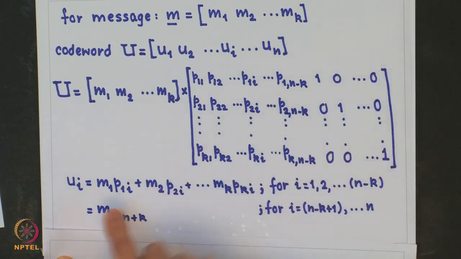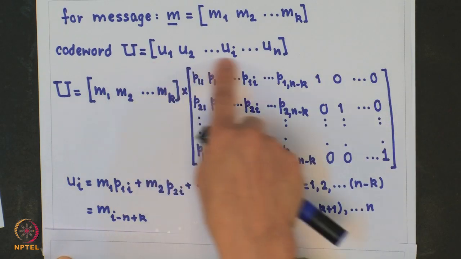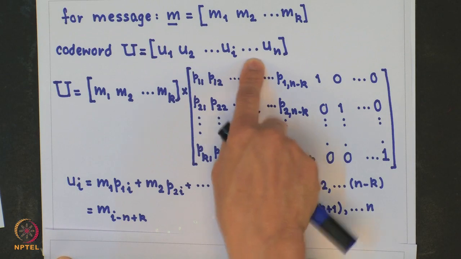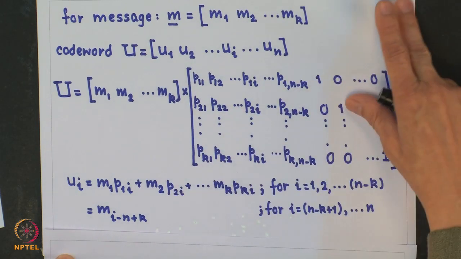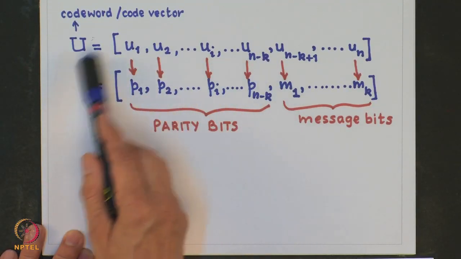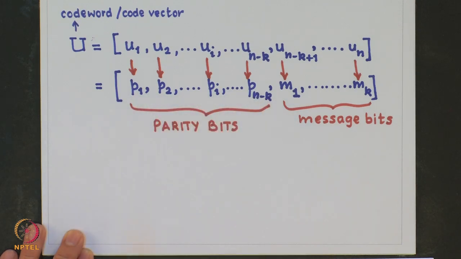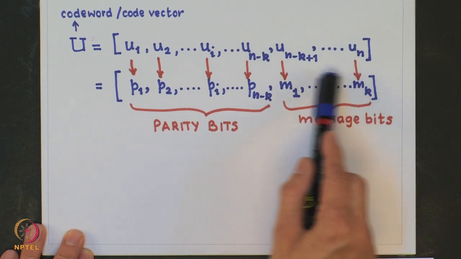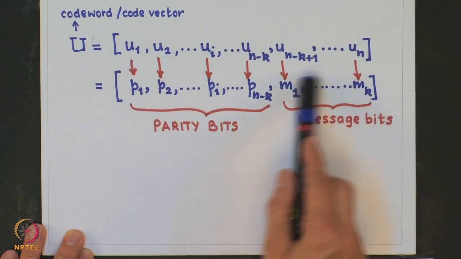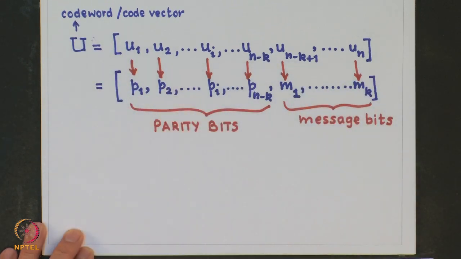Now, this code word vector, which is given in terms of the elements ui, is also expressed in a different manner, and the first n minus k elements of this code vector are also known as parity bits, and the rest of the components in this vector are the message bits, because we are discussing the systematic linear code.